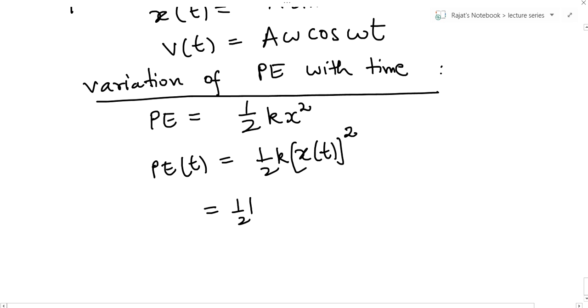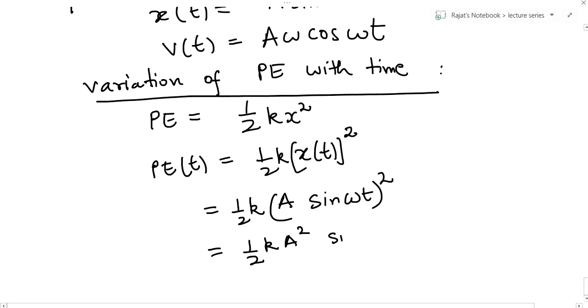So this will be half k, a sine omega t, whole square. So this will be half k a square sine square omega t. This is the variation of potential energy with time.